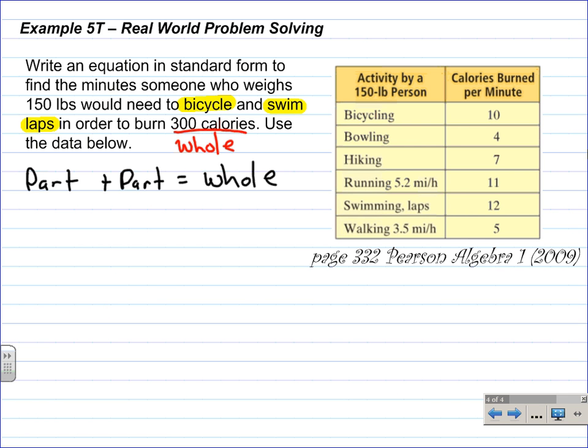So what we'll do now is define our variables. We have two variables, and if we're thinking about standard form, let's use x and y. We'll say x is equal to calories burned bicycling, and we'll say y is equal to calories burned swimming laps.